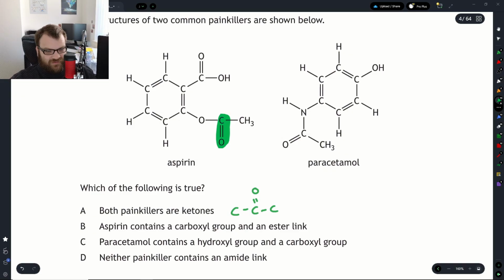So we have a C double bond O, however, that is part of a C double bond O to an O. That is an ester link. Similarly, at the top, we have a C double bond O. In this case, this would give you a carboxylic acid or a carboxyl group.